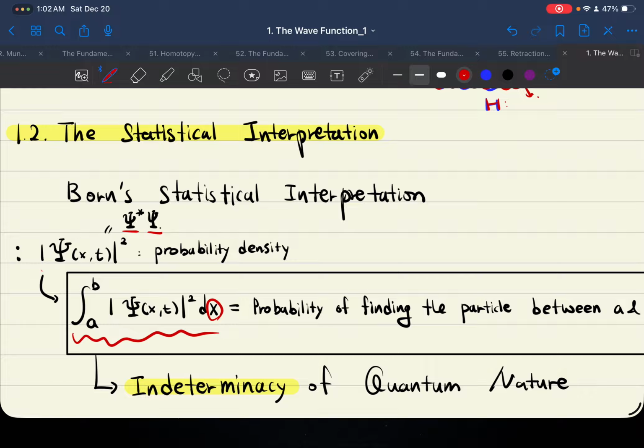So it means that we cannot find any clues to the exact position or exact velocity or exact momentum. That is called the indeterminacy of quantum nature.